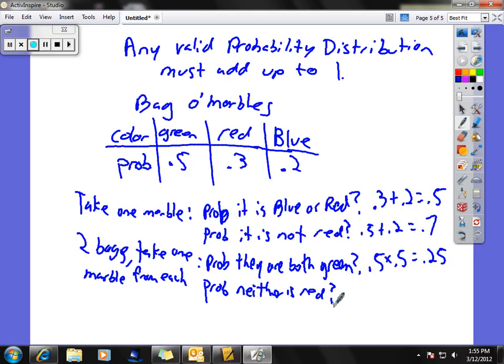We're adding those, right? Because it can be green or blue. But then we have the second one, which we have to multiply, and that's going to be green or blue again. So that's going to be 0.7 times another 0.7, which gets you 0.49. Okay?